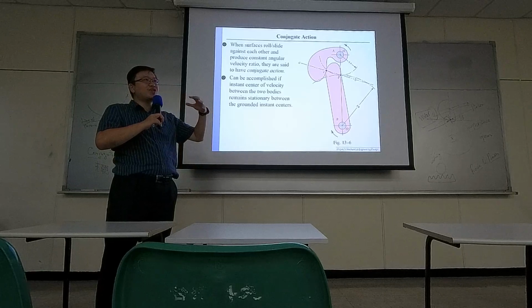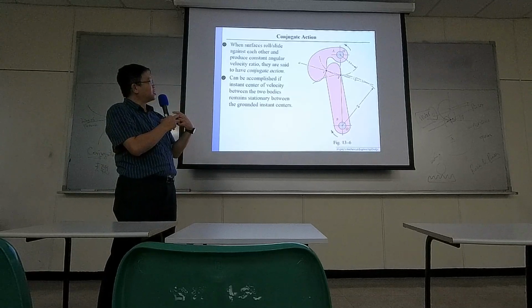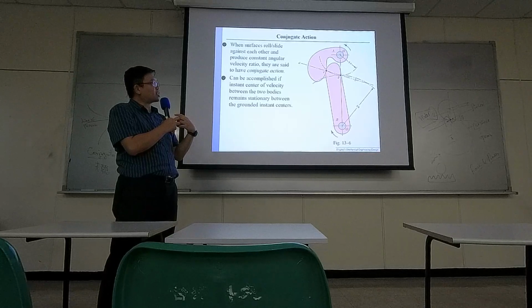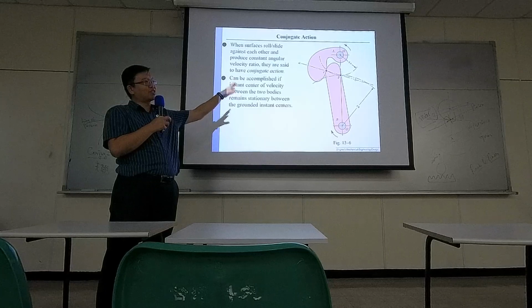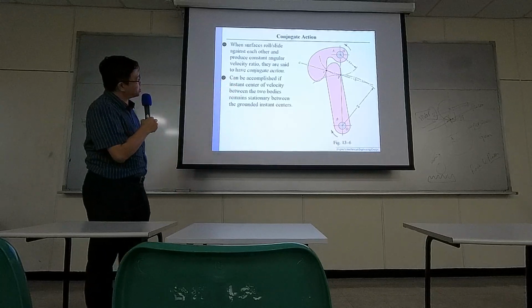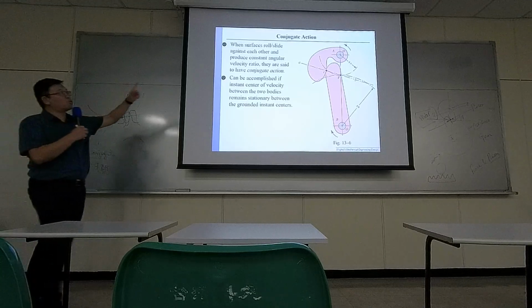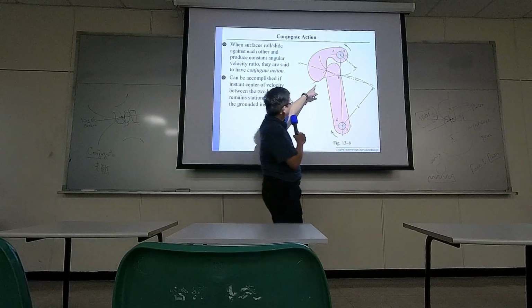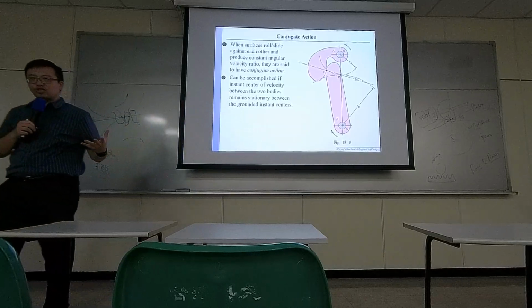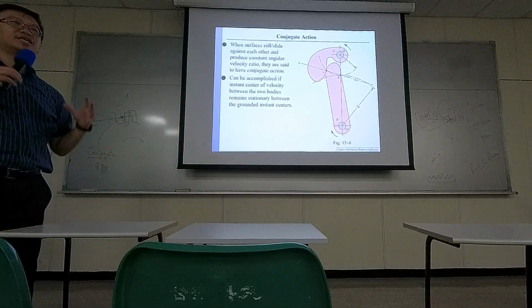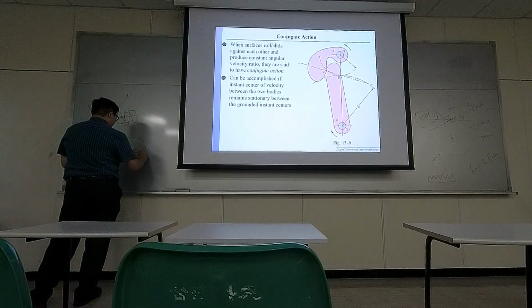So any two things that have this tightly connected motion, where one movement affects the other side, you can call it the conjugate action. And the contact point rolls or slides along the edge. Another conjugate action can be seen in cam and follower.